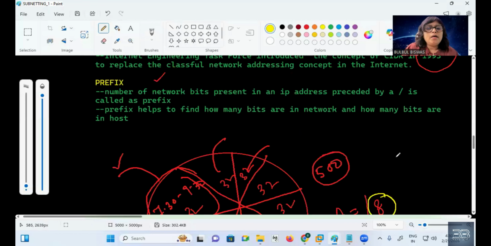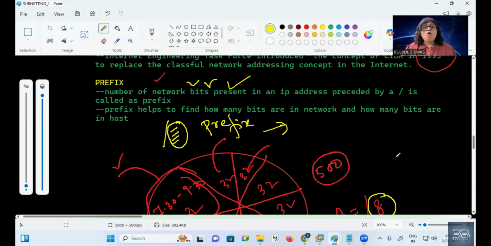Prefix means the number of network bits present in an IP address preceded by a slash. After the slash, whatever value we are writing over here, this value is called the prefix. And the prefix indicates how many bits are in the network for the given IP address.